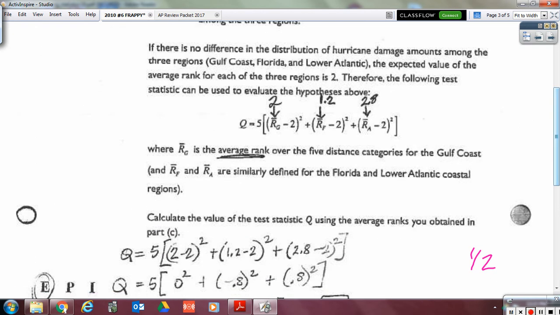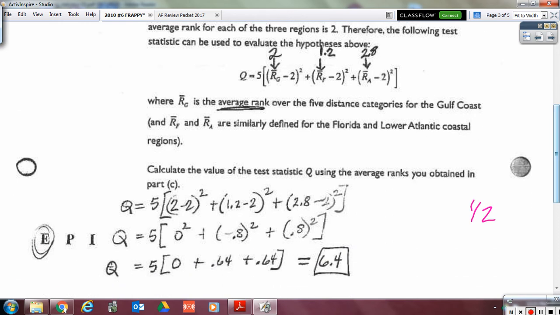Now, they ask you to use a formula that they give you, fill in the blanks, and see what number you come up with. This is their little formula, and this you filled in from the previous page. This was the average from the Florida group from the previous page, and this was filled in from the previous page. Now let me ask you this.